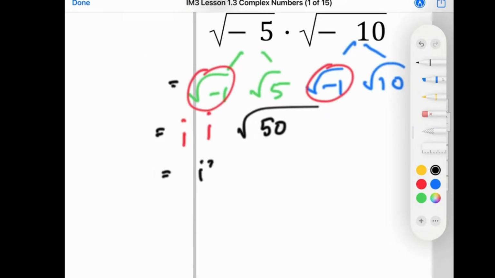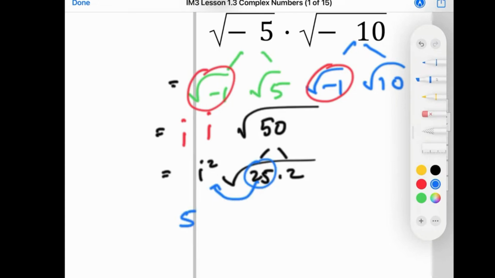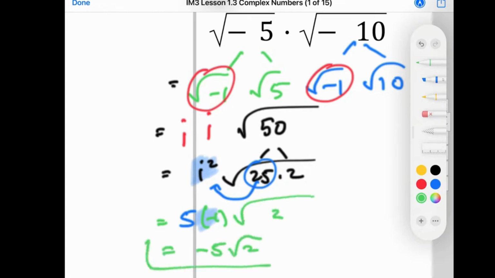So this will become i squared, 25 times 2. The square root of 25 is 5. i squared is equal to what number? From above, from our chart. That equals negative 1. And you're left with a 2 there, so I have negative 5 radical 2 as my answer.